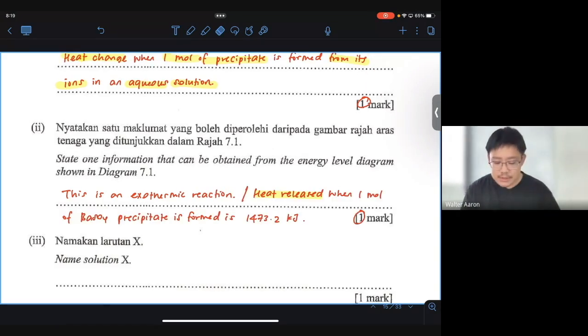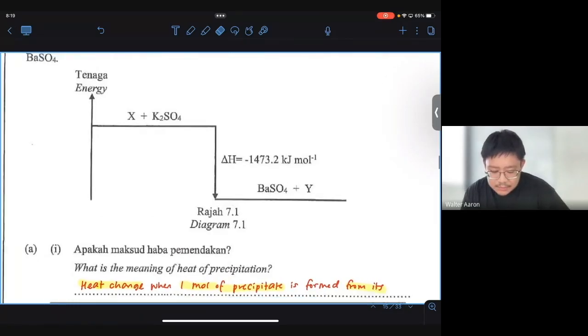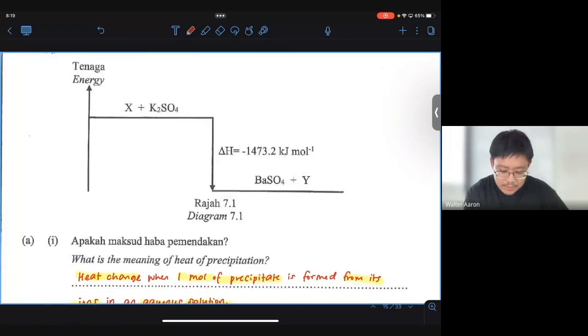Name solution X. So you should technically know that X must contain barium. And it can be any barium salt which is soluble, right? If they're asking you to give a suggestion, the best, I would say, will be barium nitrate, right?